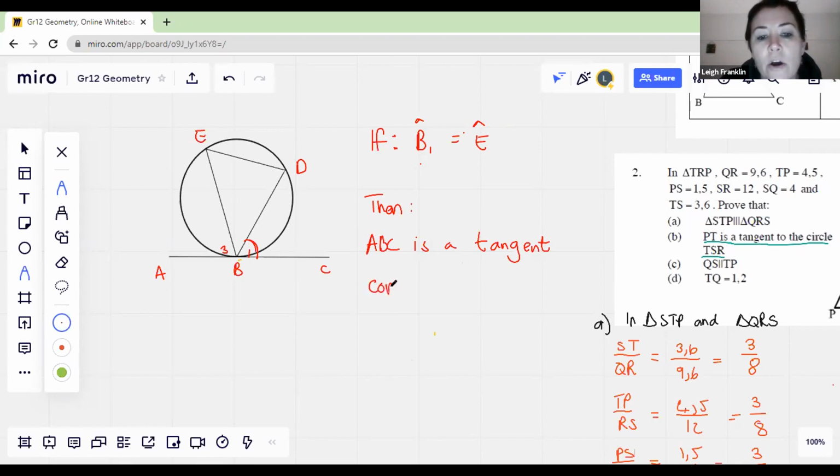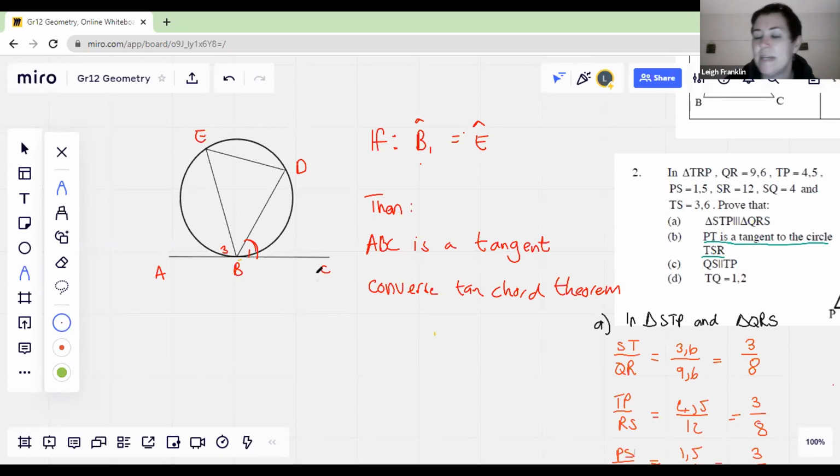Then we would say converse tan chord theorem. Okay, so tan chord theorem does one thing and one thing only. It proves a line is a tangent to a circle. That's the only thing we use it for. It doesn't do anything else. So more than likely, in this case, we need to prove converse tan chord theorem.